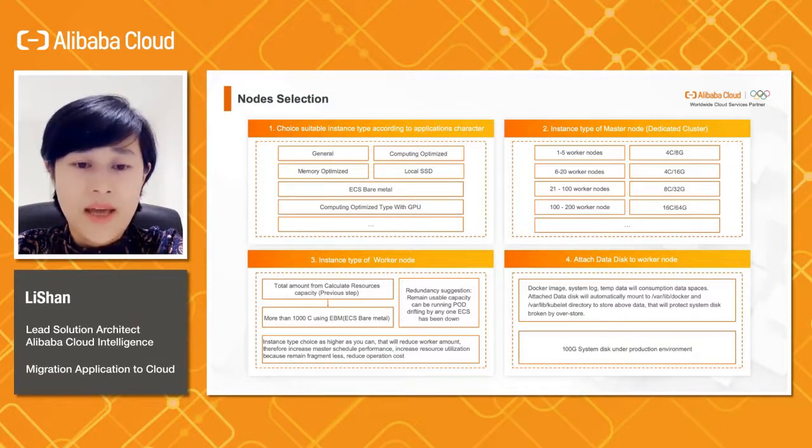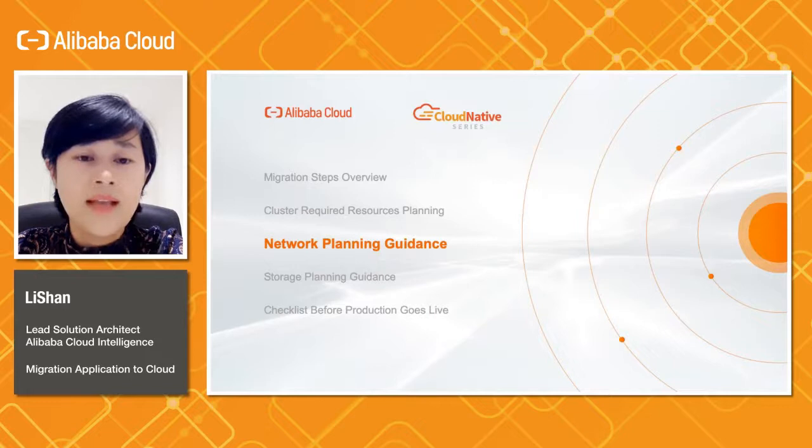But when you attach the data disk, ACK will automatically mount to specific folders to store that data, which will protect the system disk from breaking. In a production environment, we suggest the system disk is 100 gigabit.